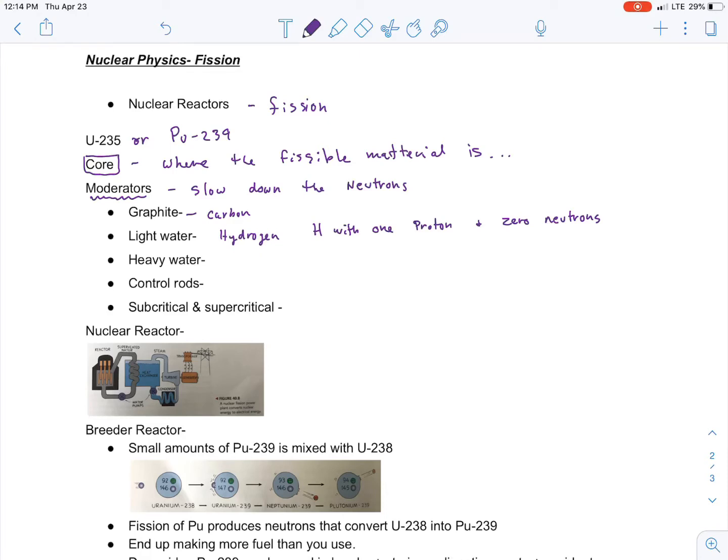And heavy water has deuterium. And deuterium is hydrogen that has 1 proton and 1 neutron. It weighs more, but it doesn't absorb neutrons as much. So they use heavy water.